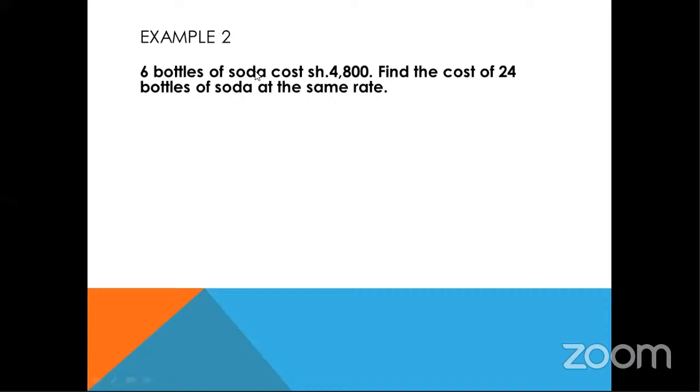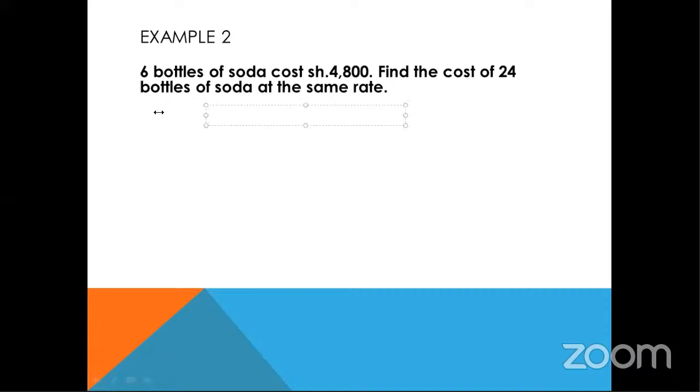Are you able to explain to us some of the steps? 6 bottles of soda equals 4,800 shillings. Then you go below that sentence, then you multiply to get the answer of 1 bottle of soda.